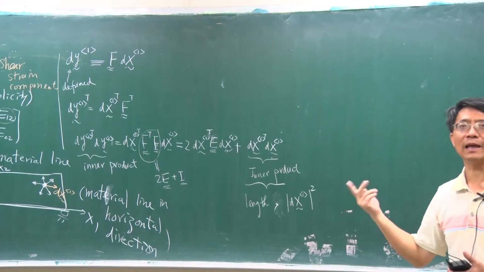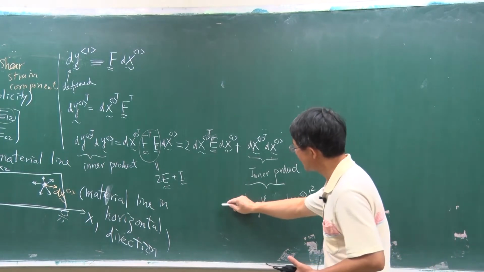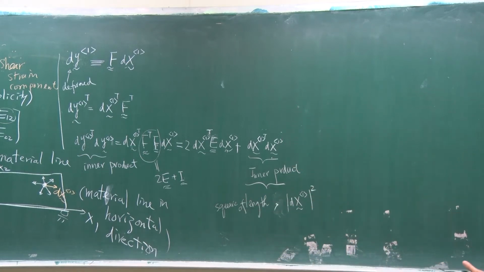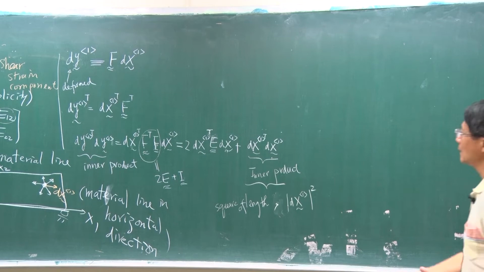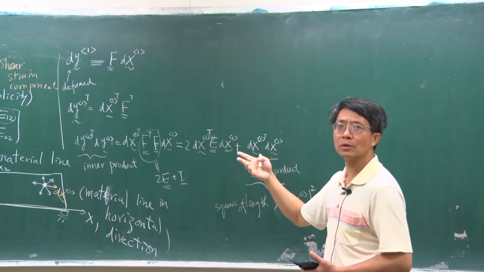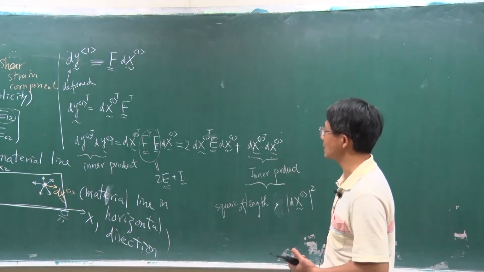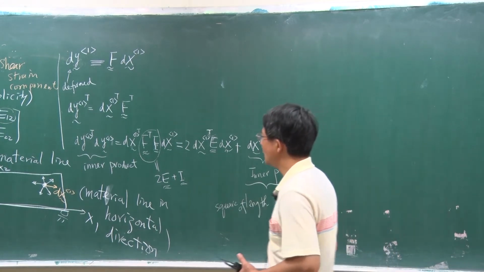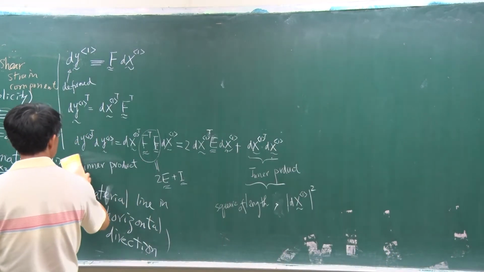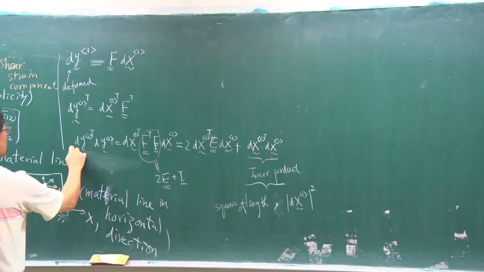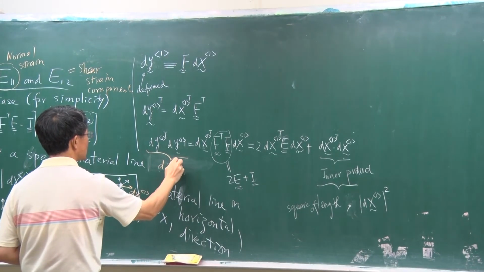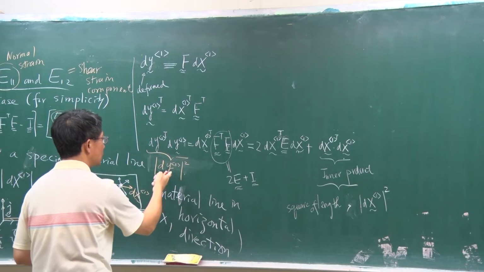Actually it is the square of length. 它是一个长度的平方，因为它是两条材料线的内积，做出来就是长度的平方，开根号才是长度，所以这边也是。In the same way, the square of the length.